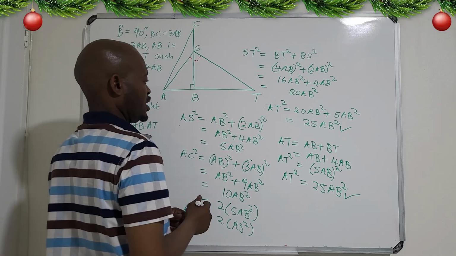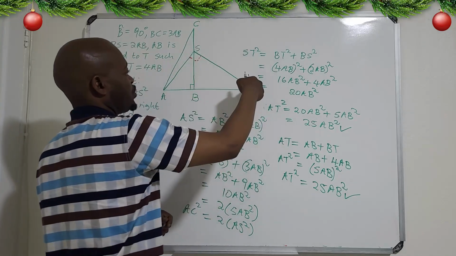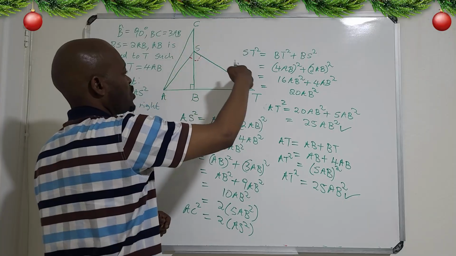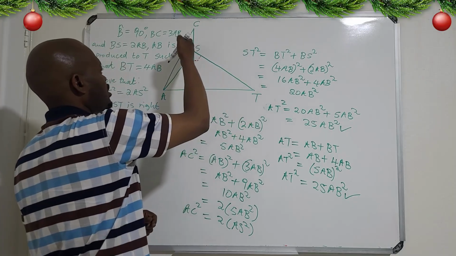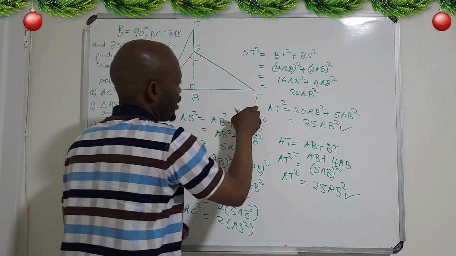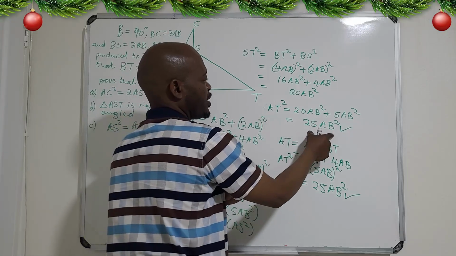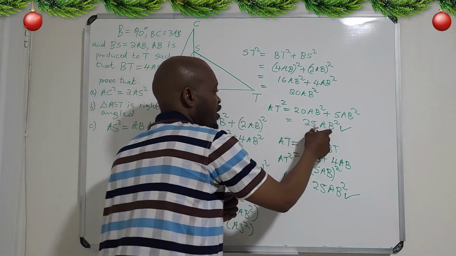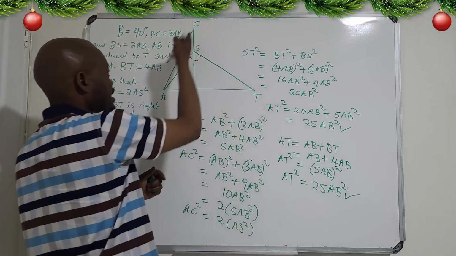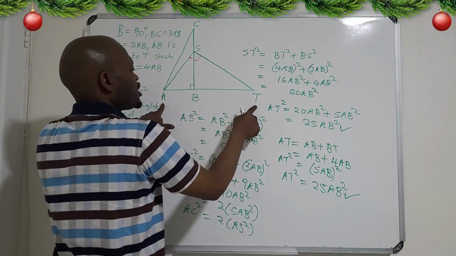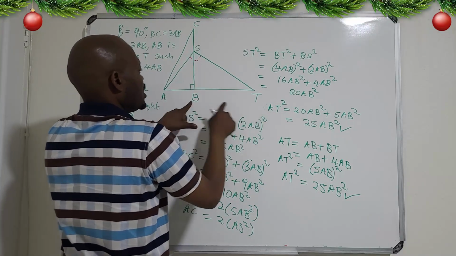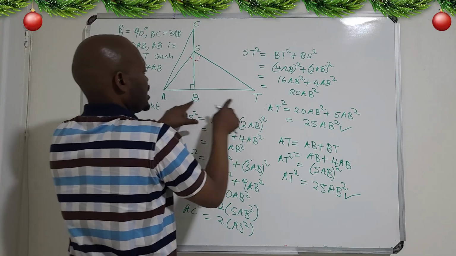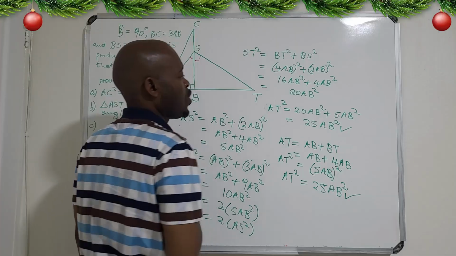We first got this side, then we used Pythagoras theorem, this squared plus this squared, and we got 25AB squared. We know this length is AB, and this is 4AB. Therefore, if I add this and this, I get AT squared.